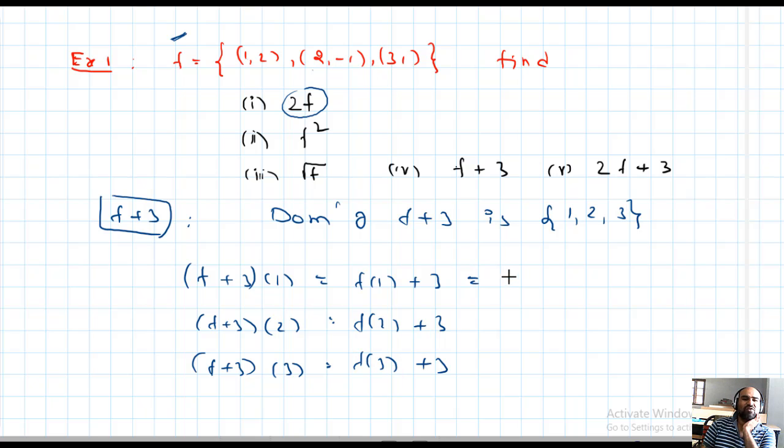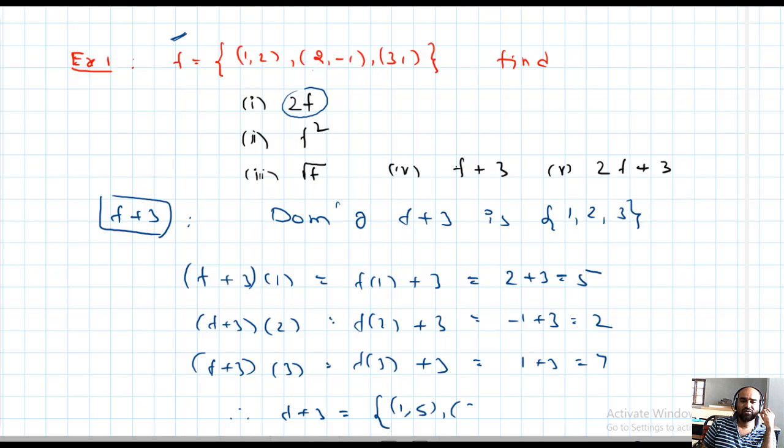Okay, f of 1 means what? 2 plus 3, that is equal to 5. F of 2 means what? Minus 1, minus 1 plus 3, what is 2. F of 3, what is that? 1 plus 3, 4. Now I can say that the functional ordered pairs are 1 comma 5, 2 comma 2 and 3 comma 4.